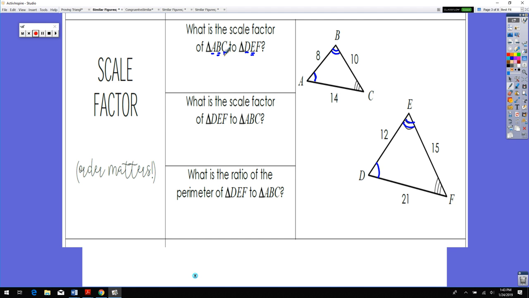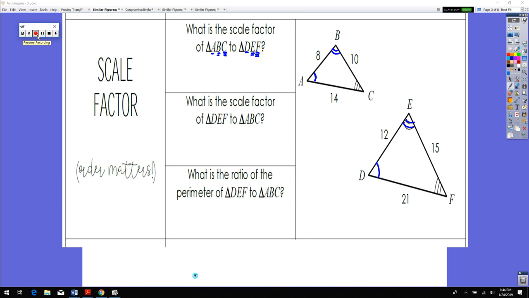And then angle C and angle F are congruent, just as they're marked here. We did this in congruent right before end of semester. Now, instead of the sides being congruent here, they are going to be proportional. So we'll take a look and see which sides are proportional.